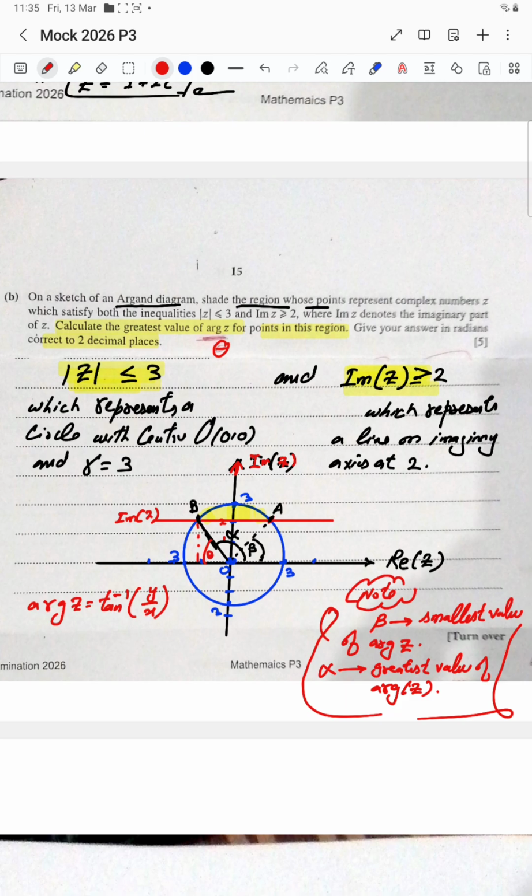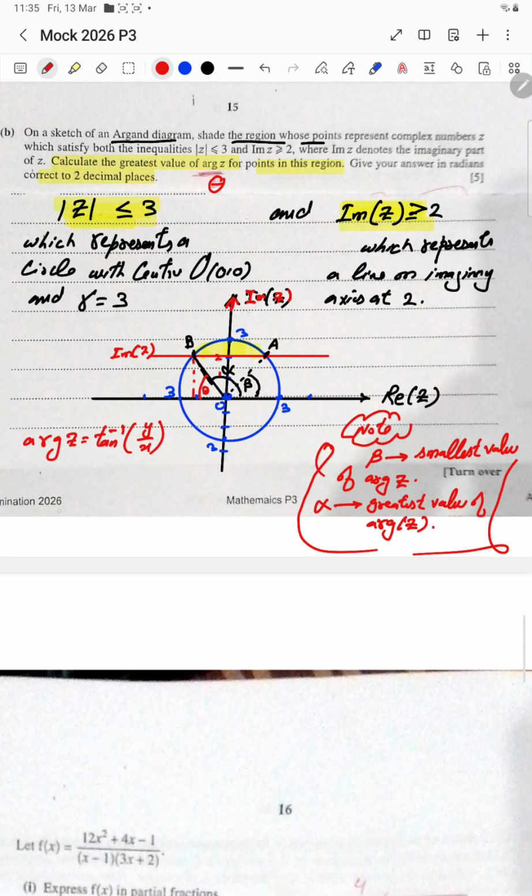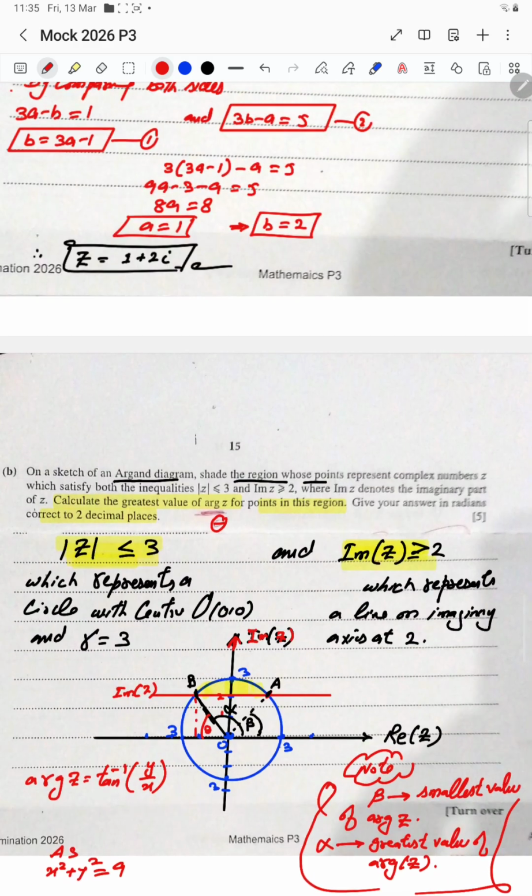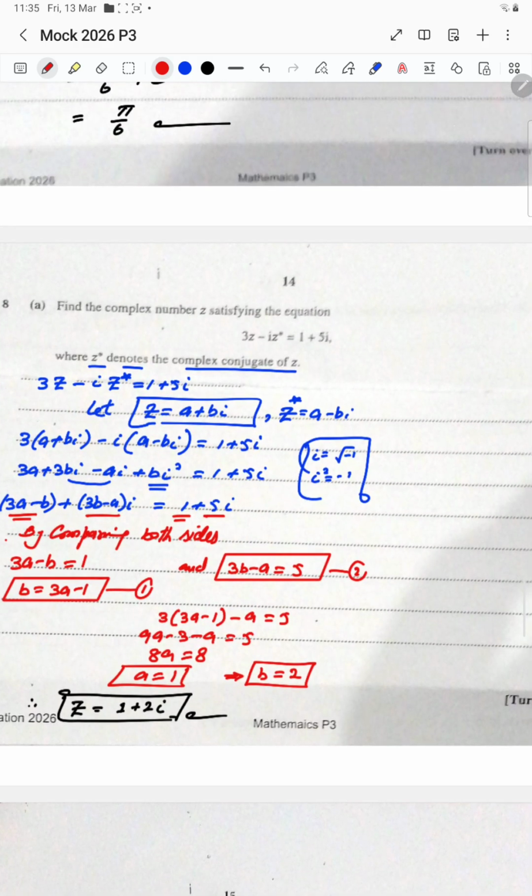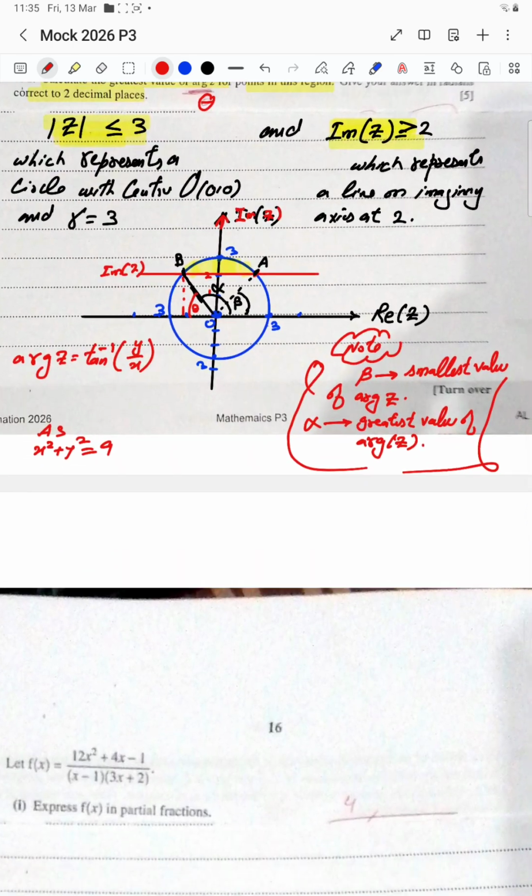As we know, here I'm going to solve: x square plus y square is equal to 9. This is the equation of a circle with radius 3.